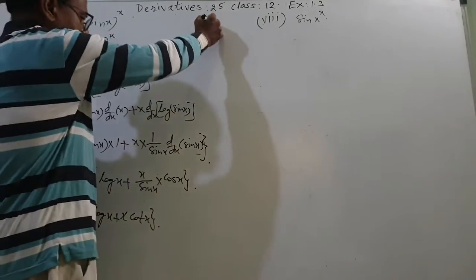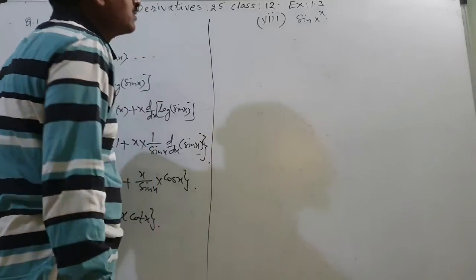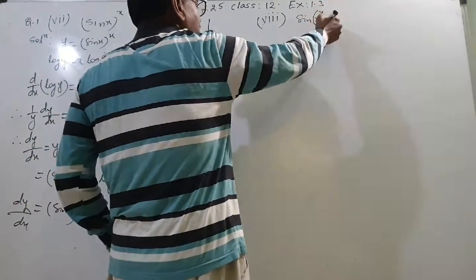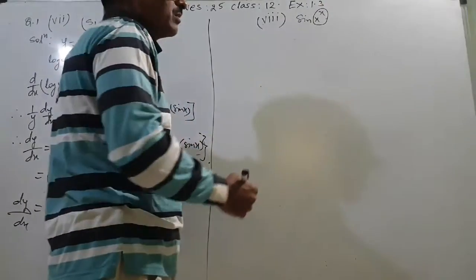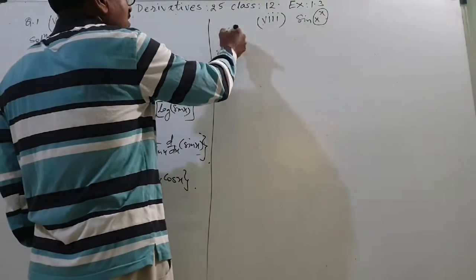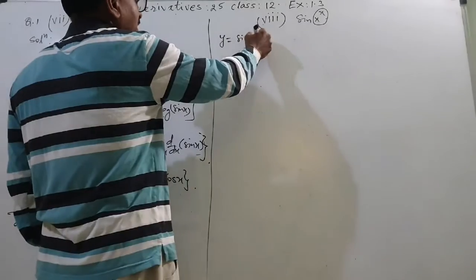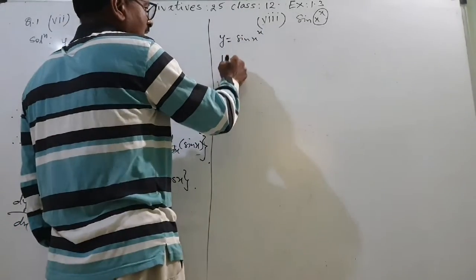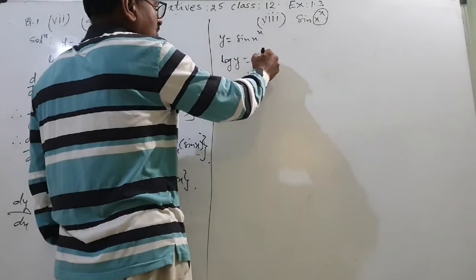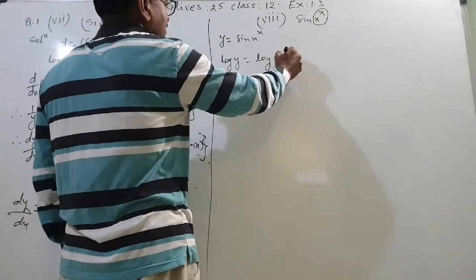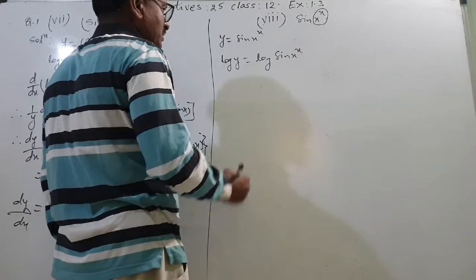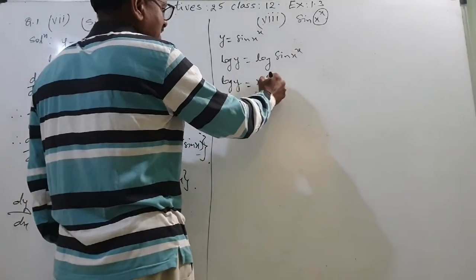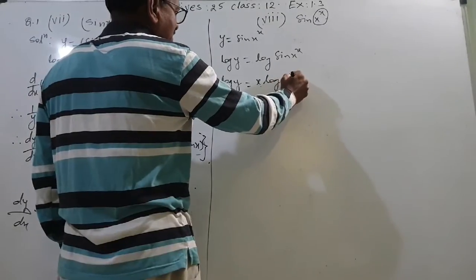Now for this, this much is the angle of it. So the first step is y is equal to sine of x raised to x. Now if I take the log, log y is equal to log of sine of x raised to x, and the next step will be this: x is taken here and sine x here.